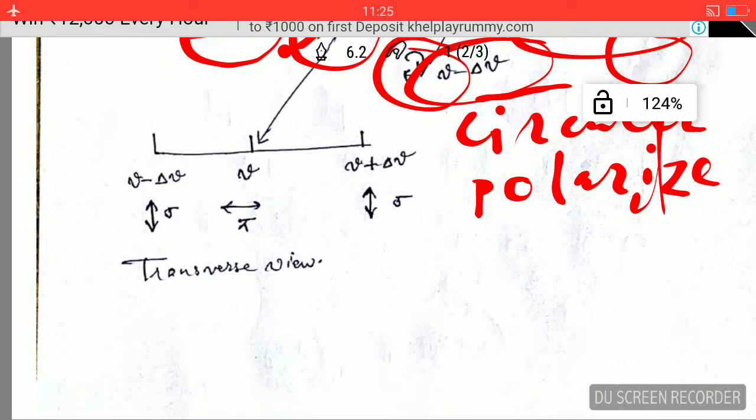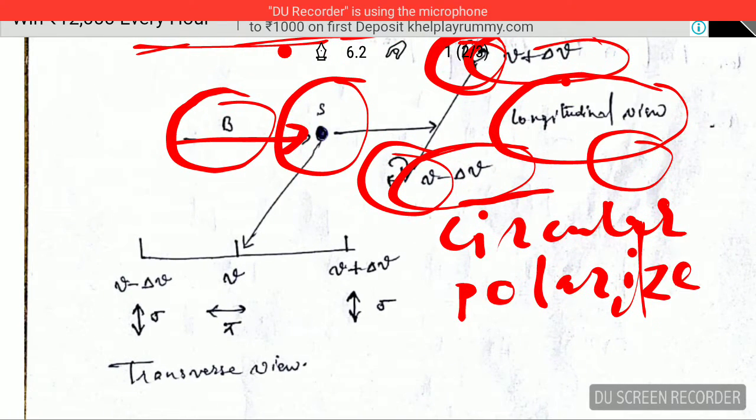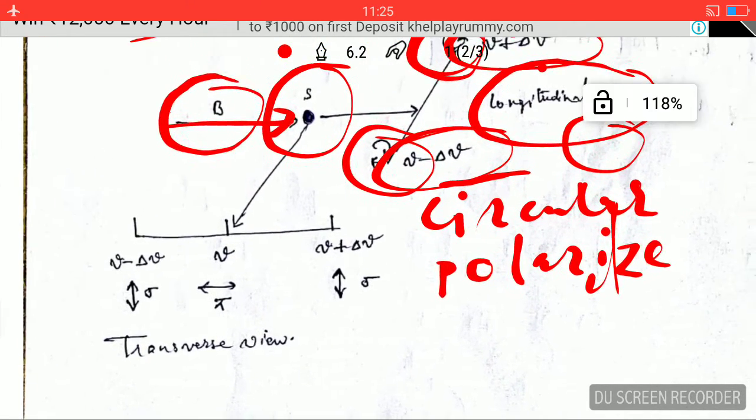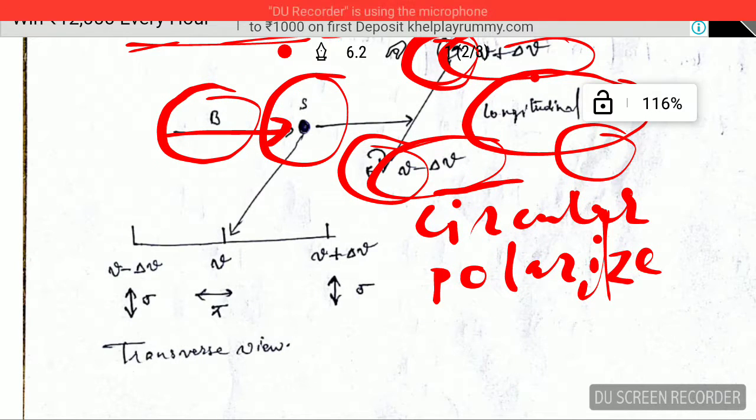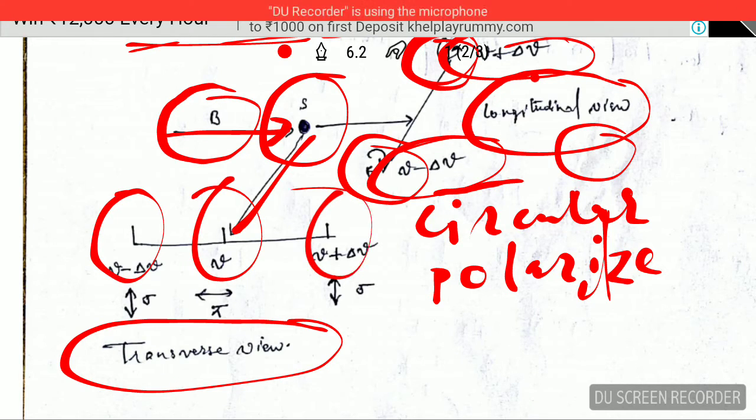Now let's come to our second observation. In the second observation, we look at the source of light through the transverse view, in this direction. When the source of light is viewed in this direction, we get three lines, first, second and third.